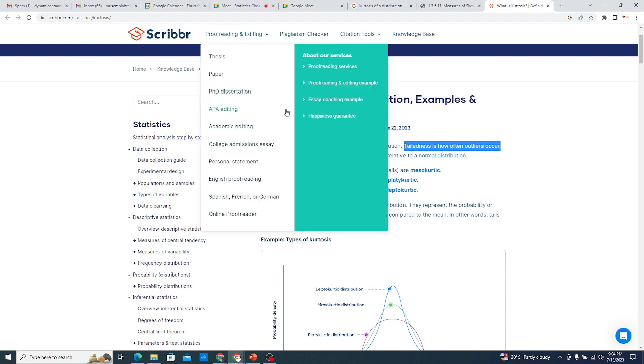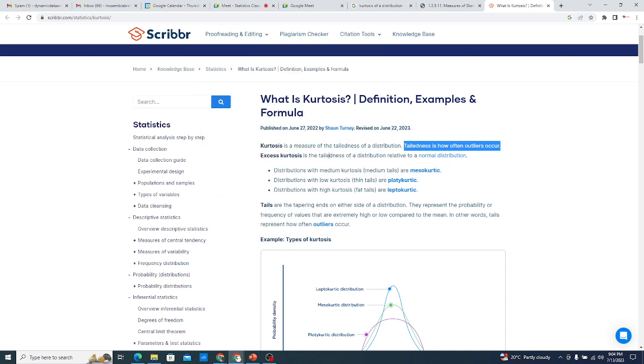Excess kurtosis is the tailedness of a distribution relative to the normal distribution. So let's start with this.